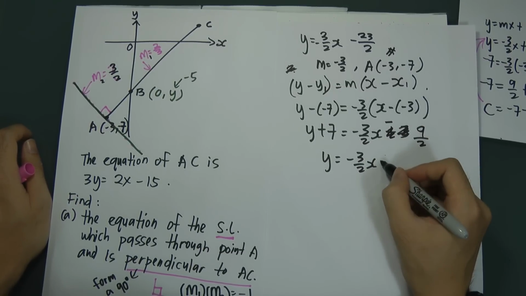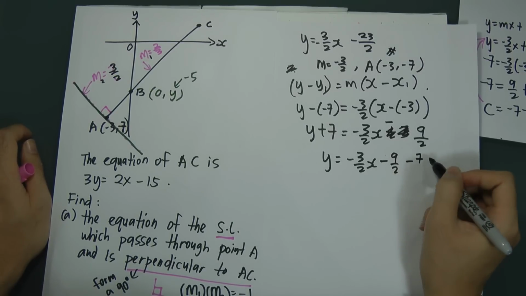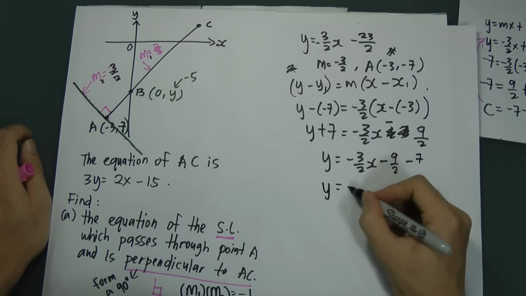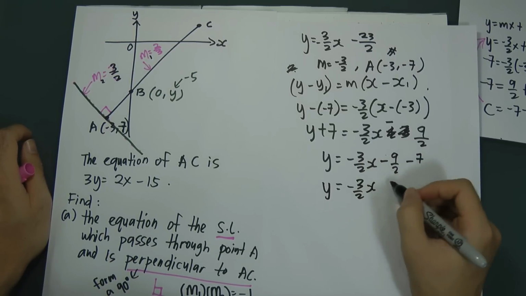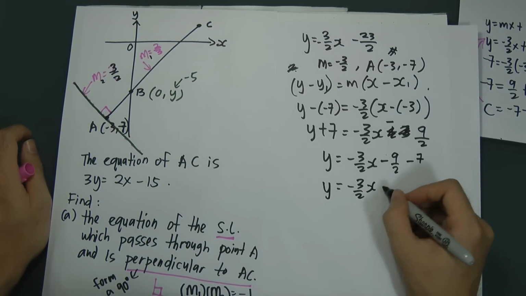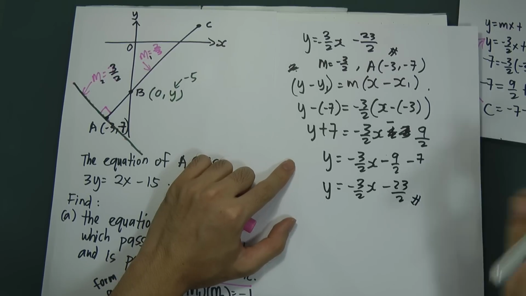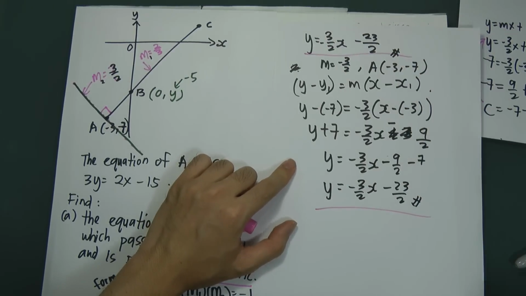And then this is negative 9 over 2 and then negative 7. So y will equal negative 3 over 2x minus 9 over 2 minus 7, we will get minus 14 over 2, which is negative 23 over 2. See, actually both will give you the same equation of AC.